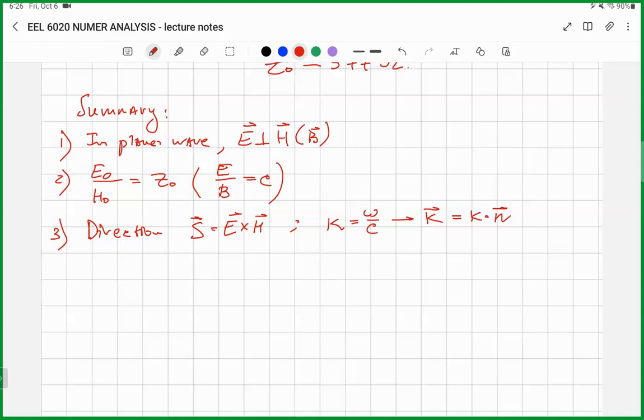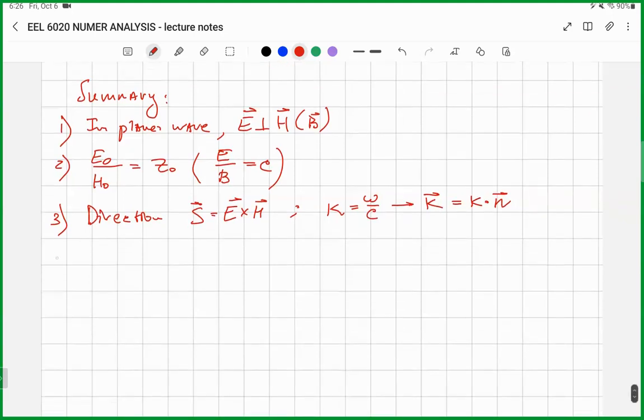So for the plane wave, this k vector, which is known as the wave vector, coincides with the direction of the Poynting vector in the free space.